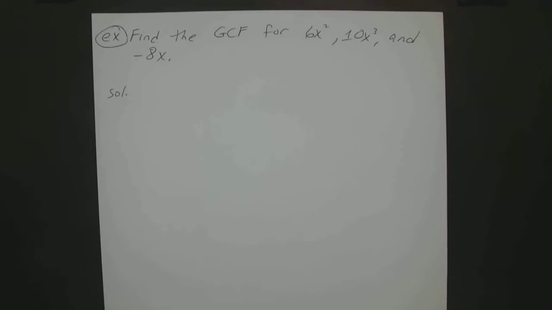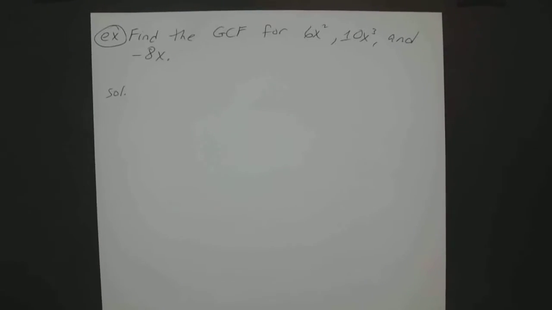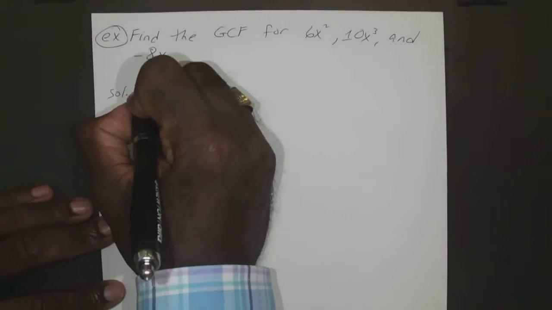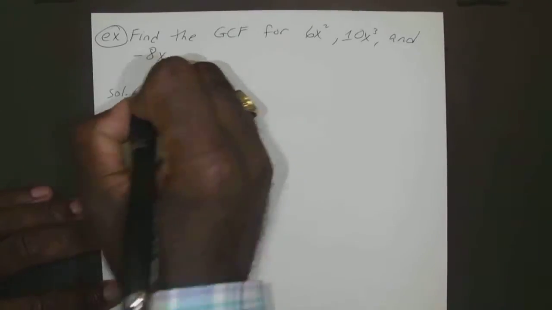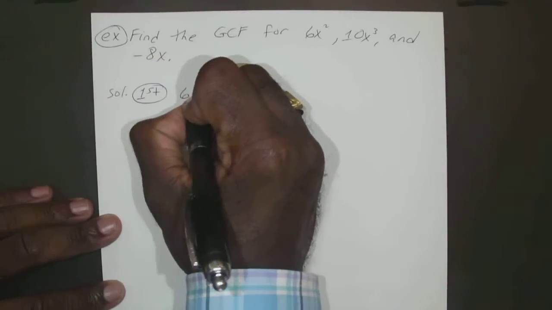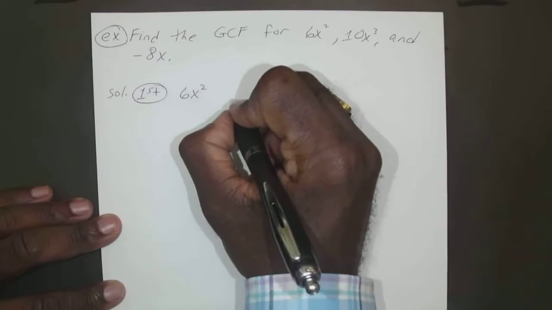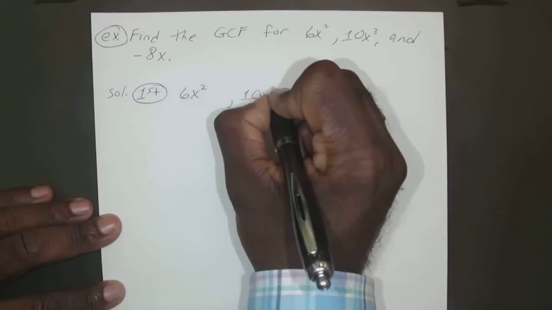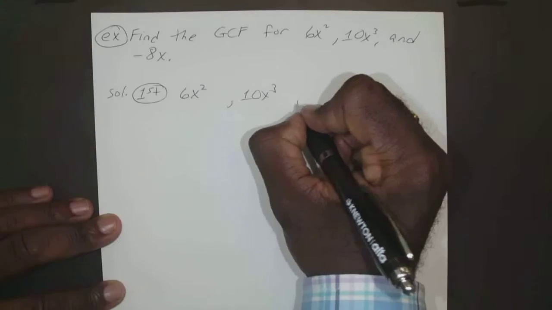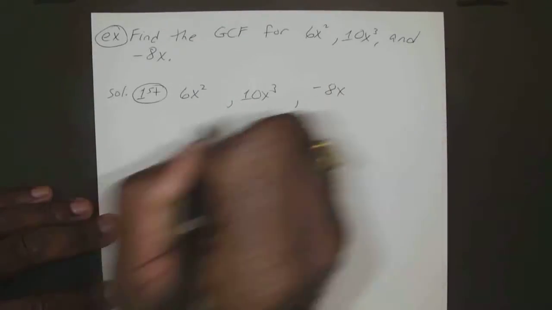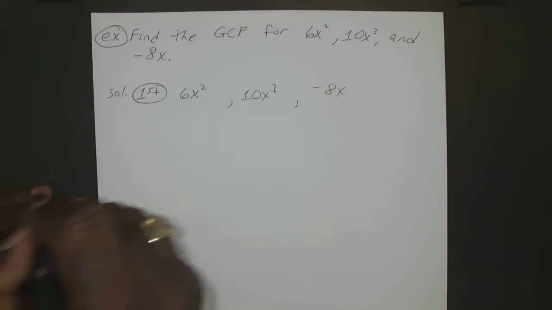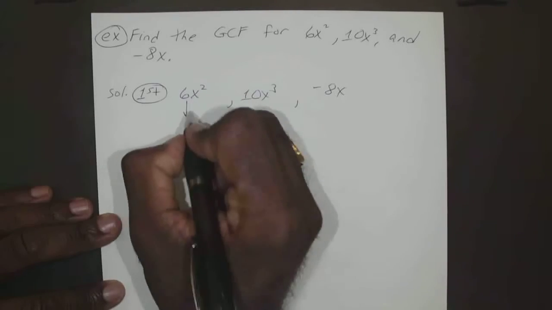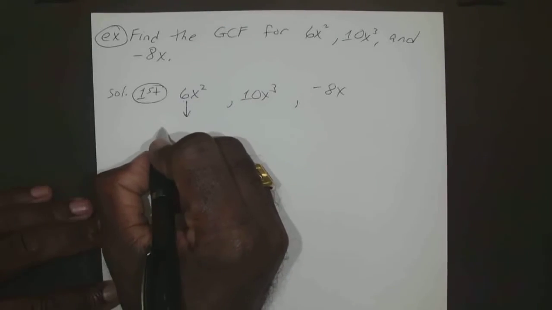Okay, so remember your first step is to just break down each term. 6x squared, 10x to the third, negative 8x. You can actually make 6x squared, you can make the 6 into 2 times 3.